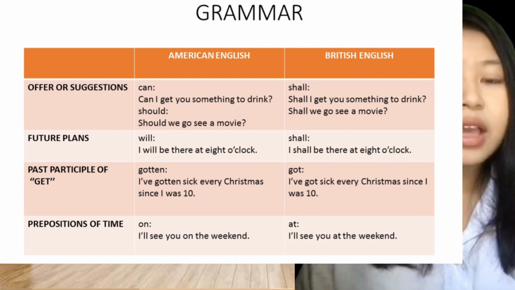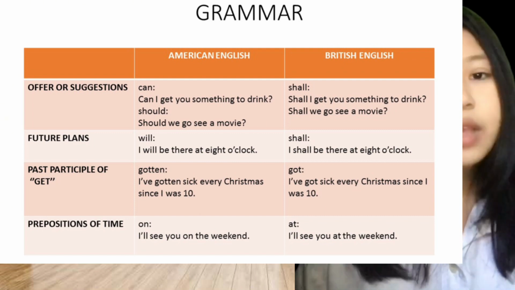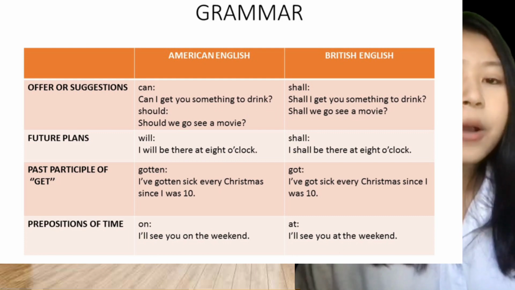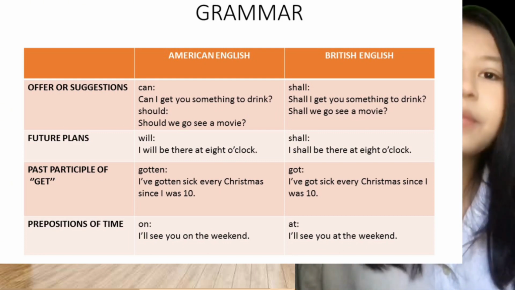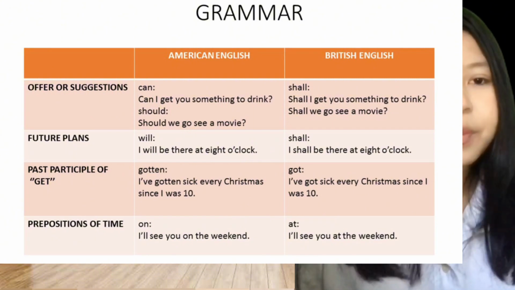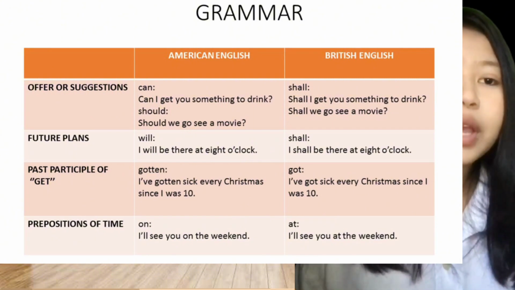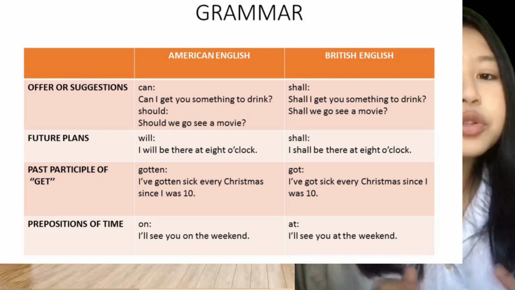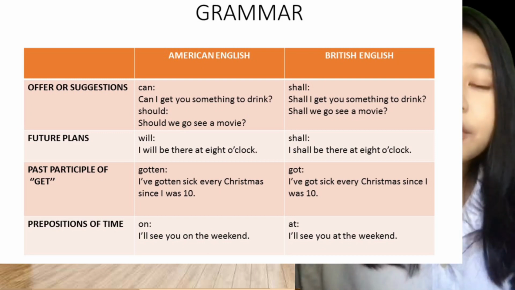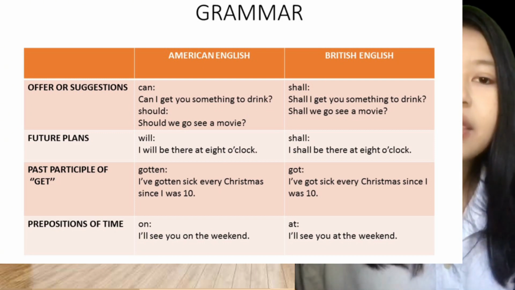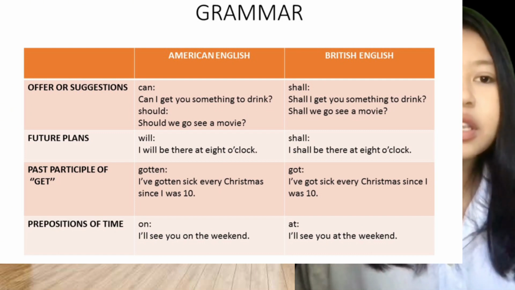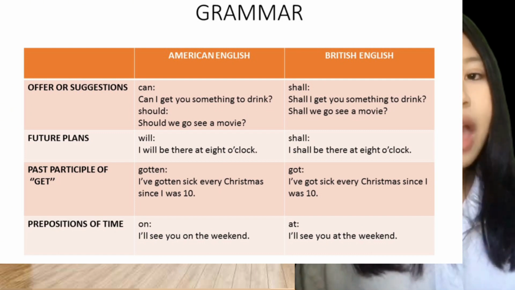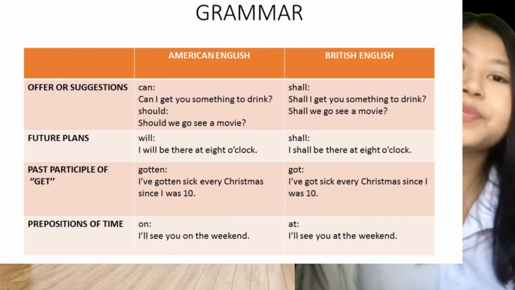In American, they say, "Can I get you something to drink?" And then British would say, "Shall I get you something to drink?" For the future tense, American English uses will and British English uses shall. So, for example, in American English they say, "I will be there at 8 o'clock." Meanwhile, in British English they say, "I shall be there at 8 o'clock."